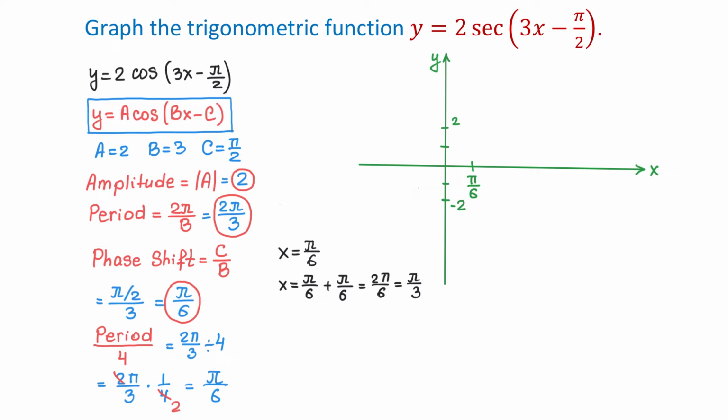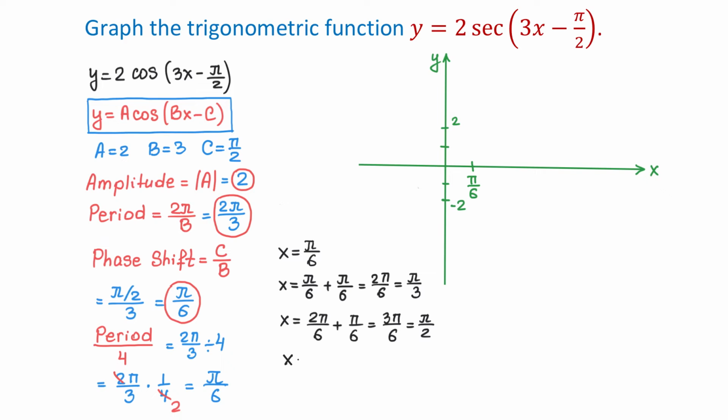To find the next x-coordinate, we will take 2 pi over 6 and add another pi over 6. Then x equals 2 pi over 6 plus pi over 6, which equals 3 pi over 6 or pi over 2. Now to get the next x-coordinate, we will take 3 pi over 6 and add pi over 6.